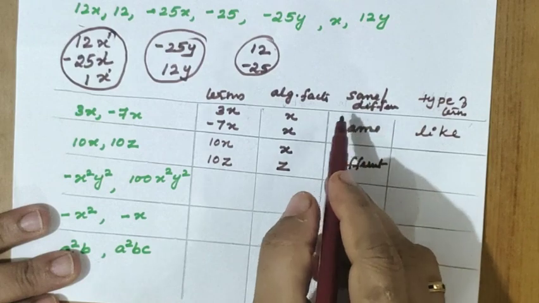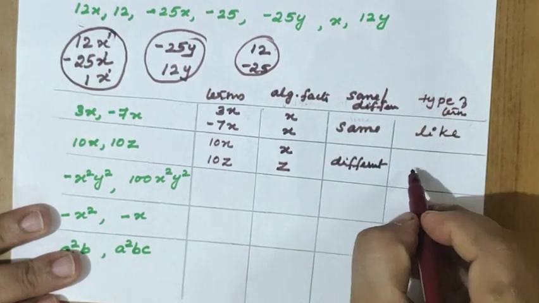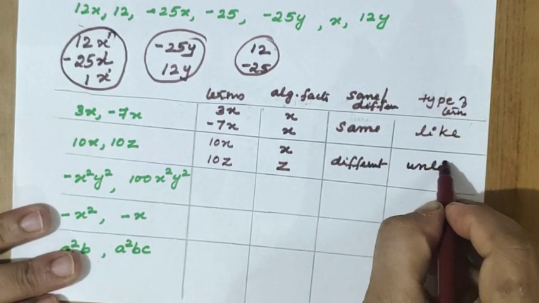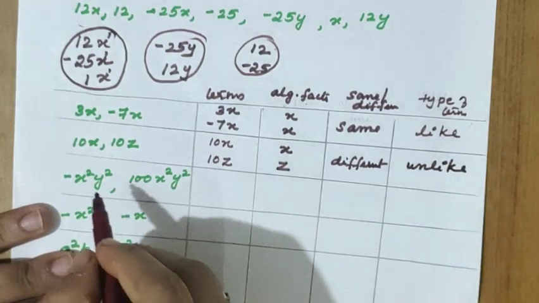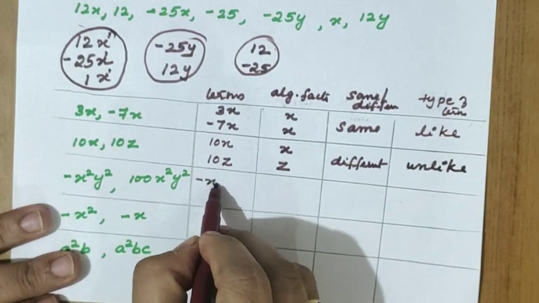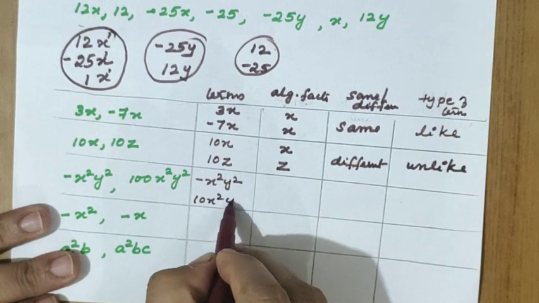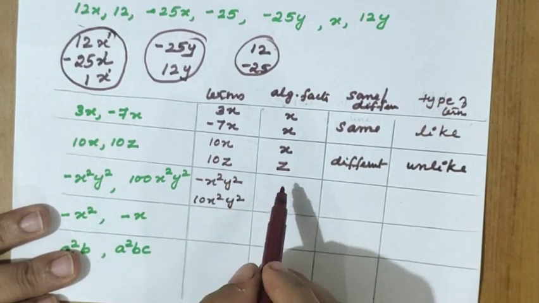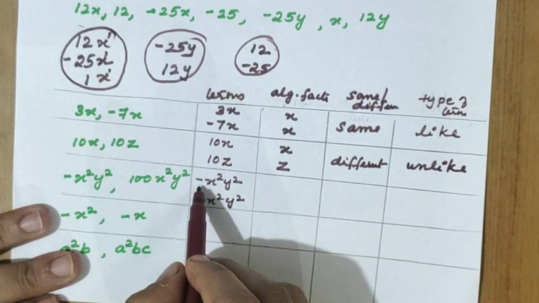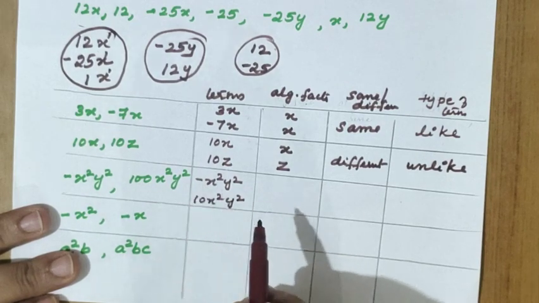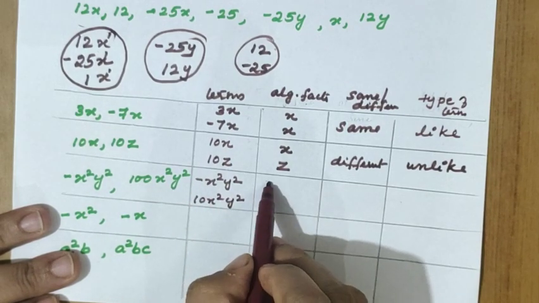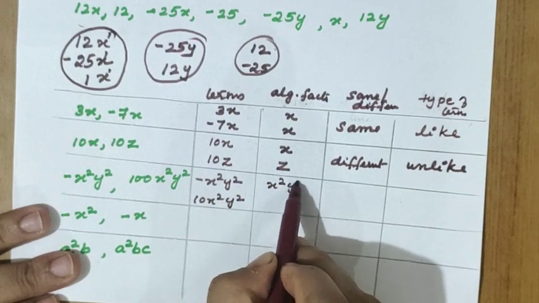If the algebraic factor is different, then which type of terms? Unlike. Now you see minus x square y square and 100x square y square. See what is the numerical coefficient here? Minus 1. Now which are the variables here? X square and y square.